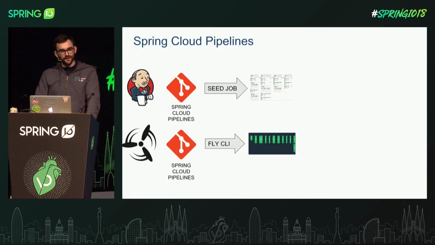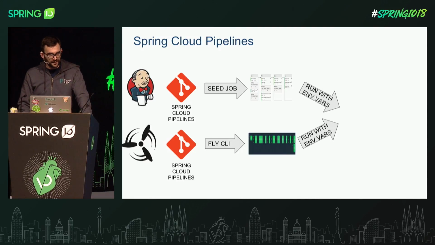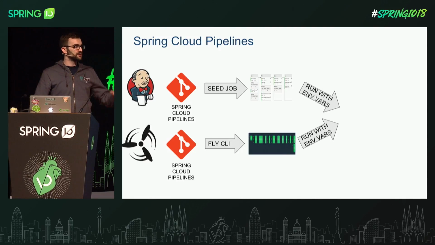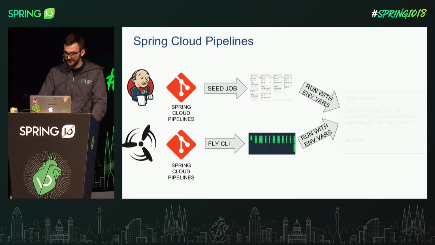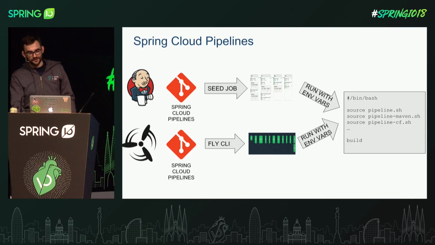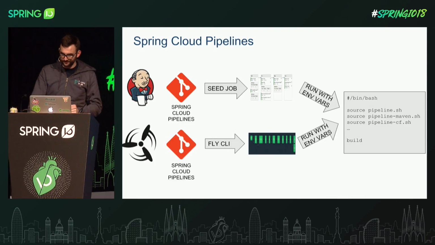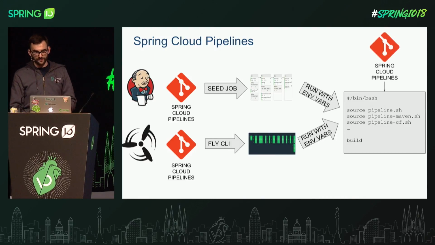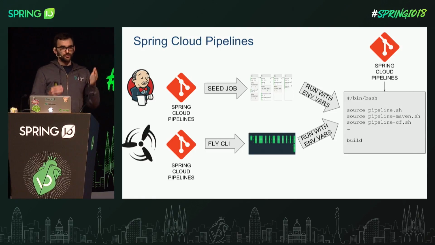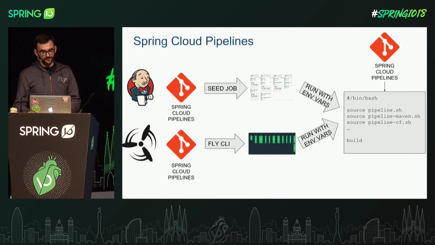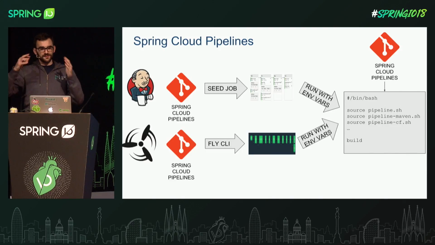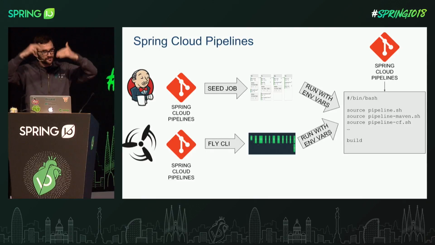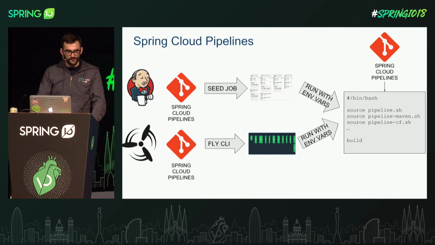And when you run the pipeline with the required environment variables, like where is your production space in Cloud Foundry, et cetera, some credentials have to be set, a bash script is executed and it's sourcing different bizarre stuff. The bash scripts also come from Spring Cloud Pipelines. So when you run the step in your CI system, it's going to execute the bash scripts from the cloned Spring Cloud Pipelines repository.